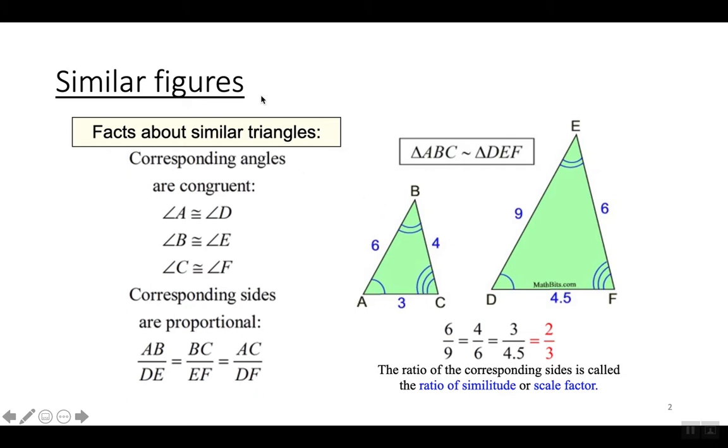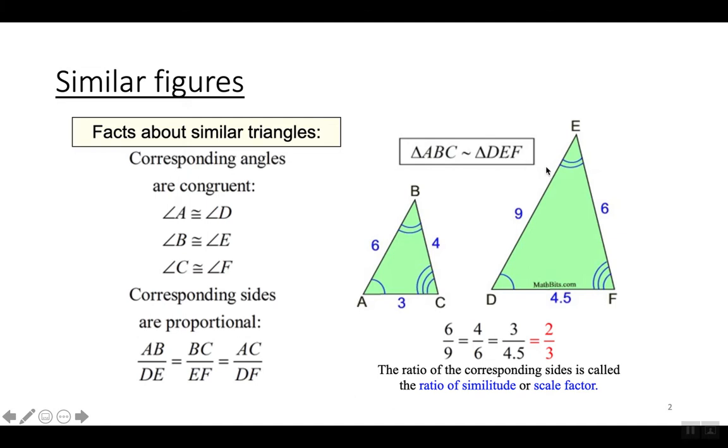But when you have two figures that are similar, that means that their corresponding angles are congruent and their corresponding sides are proportional. And the symbol for similar is that little squiggly line right there. This is saying triangle ABC is similar to triangle DEF.